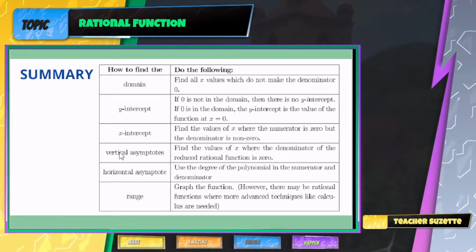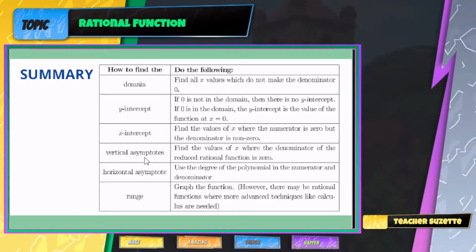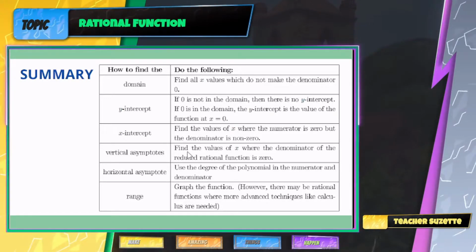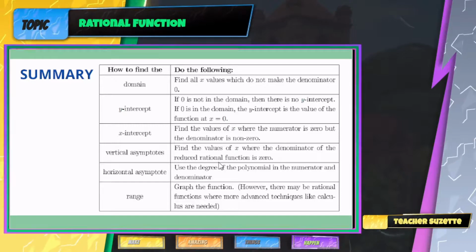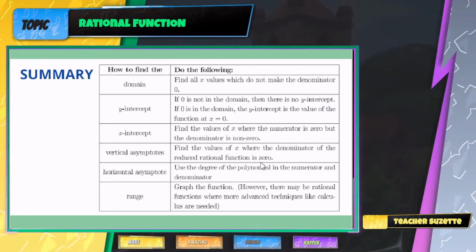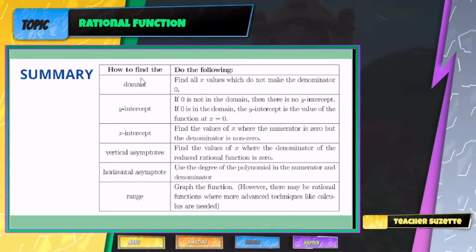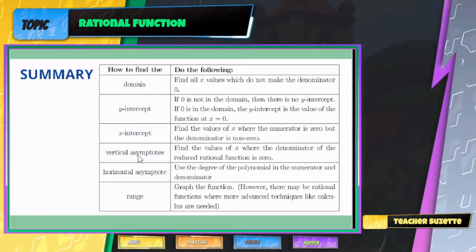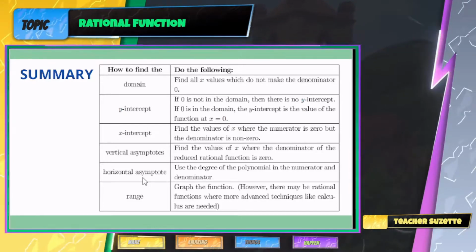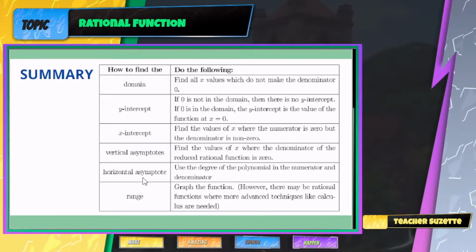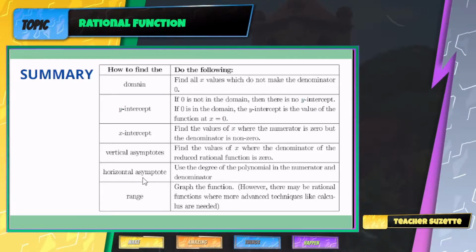So specifically for vertical asymptote, we find the value of x where the denominator of the reduced rational function is 0. So it is just related to our domain, yung ating vertical asymptote, while our horizontal asymptote can be computed when we try to compare the degrees of our numerator and denominator.